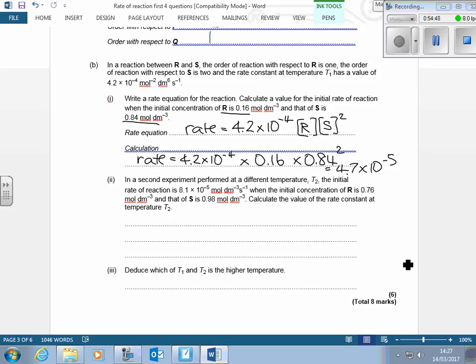So that's just one way you rearrange back to say K equals your rate over whatever we'd got on the other side. The rate is 8.1 times 10 to the minus 5, divided by R, which was 0.76, and it's S squared, so 0.98 squared, I think.